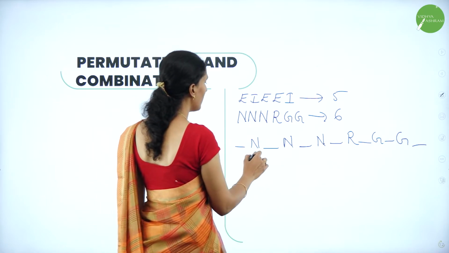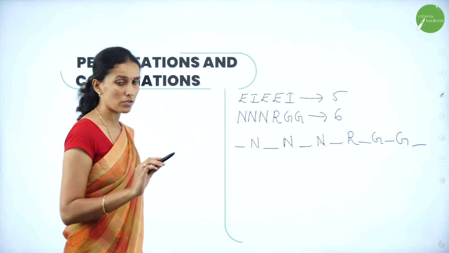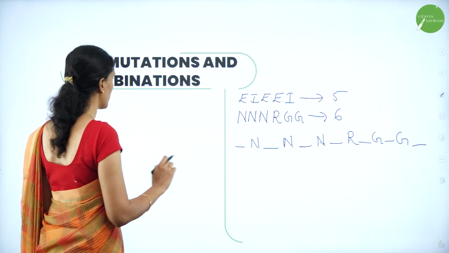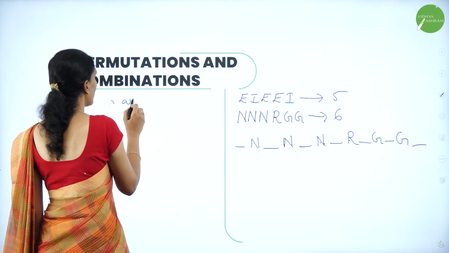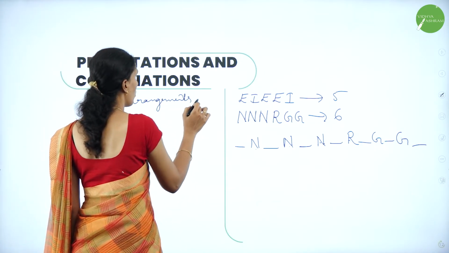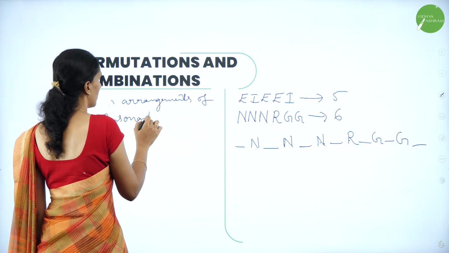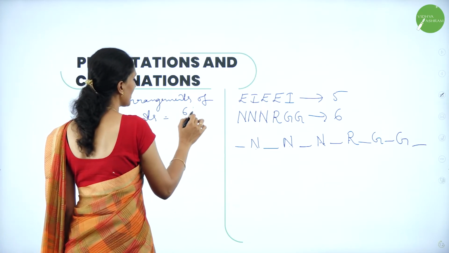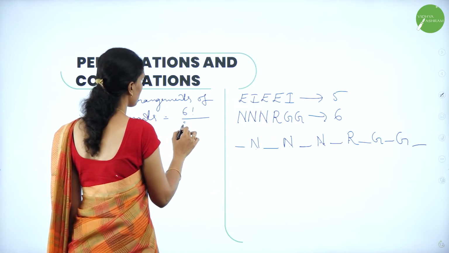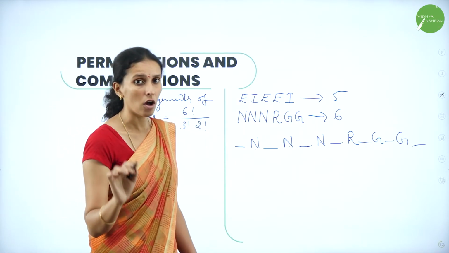So now we have 1, 2, 3, 4, 5, 6 consonants. First arrange the consonants. So therefore arrangement of consonants will be 6 factorial by 3 factorial into 2 factorial. This is arrangement of consonants.